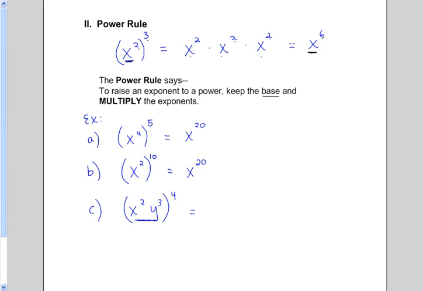So each exponent here will get multiplied by this outer power. So I would have x to the 2 times 4 would be 8, and y to the 3 times 4 would be 12. And that would be as far as you can go, because these are not like variables. It would just be x to the 8th, y to the 12th.